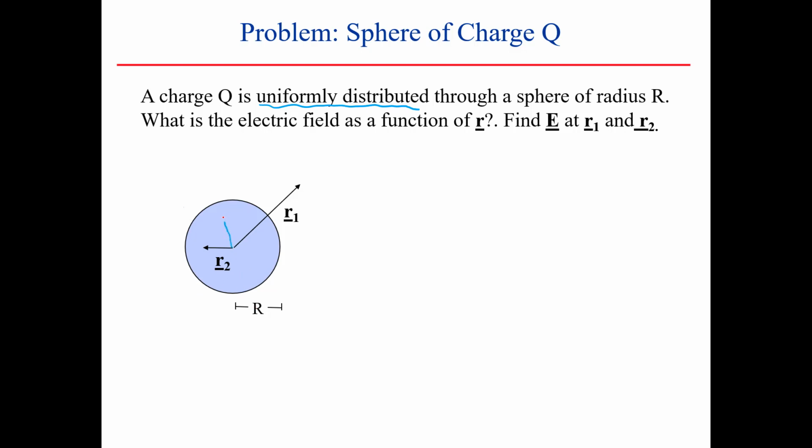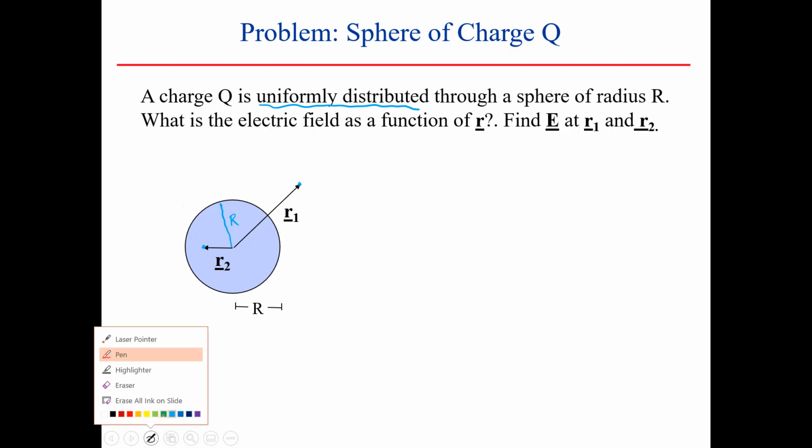So the radius is r. We are to find the electric field as a function of r. Okay, we have 2 points to consider, R1 that is outside the sphere and then R2 that is inside the sphere.